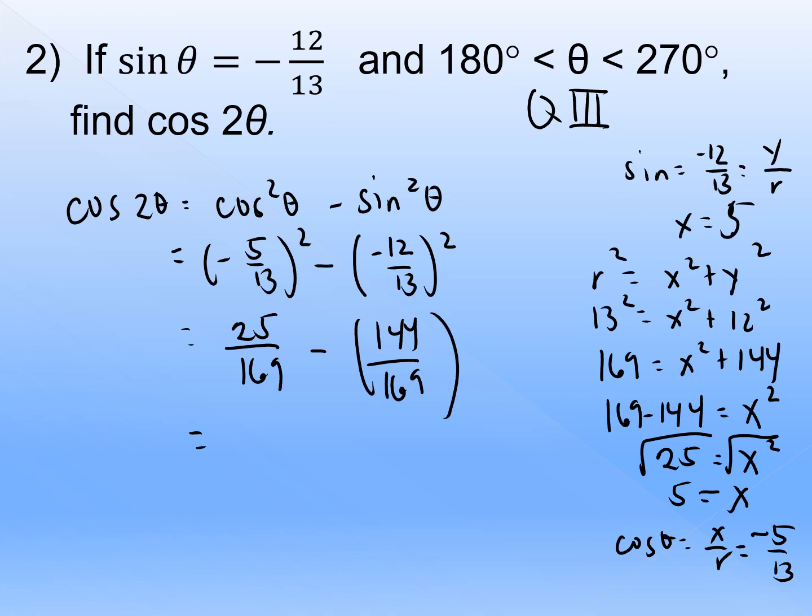Since we have the same denominator, we copy the denominator and subtract 25 minus 144, which is equal to negative 119. So therefore, cos 2 theta is equal to negative 119 over 169.